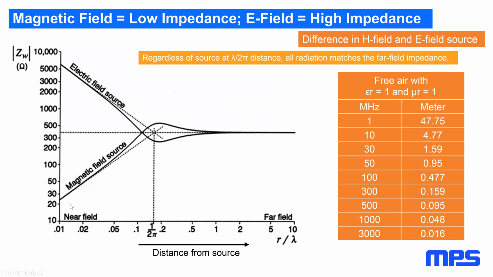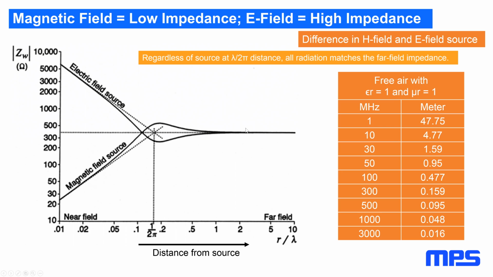However, if you have a receiving antenna at a distance greater than wavelength divided by 2 pi, regardless of whether you start with a magnetic or electric field source, it converts itself into an electromagnetic wave, and from that point on with your receiving antenna, you cannot differentiate what the source was.